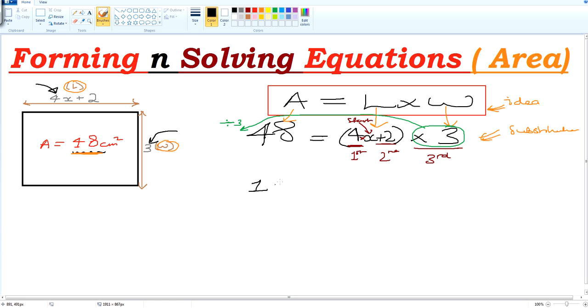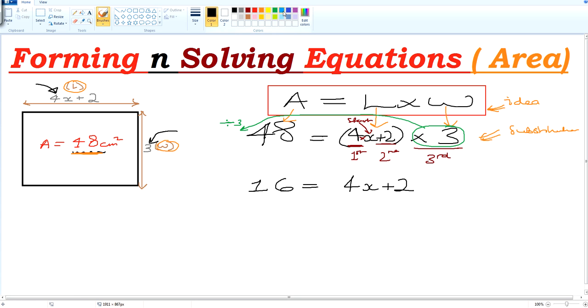Well done. Now that the multiply by 3 has gone over to the right-hand side, what happens to the brackets? They also go. We don't have any brackets left over. The brackets have evaporated, so we're left with 4x plus 2.